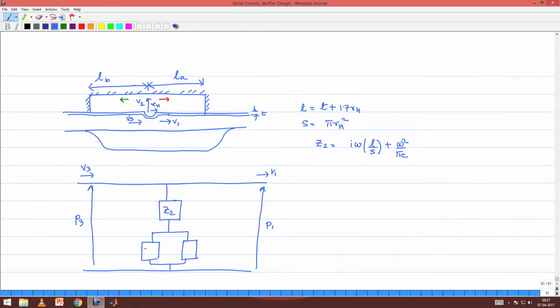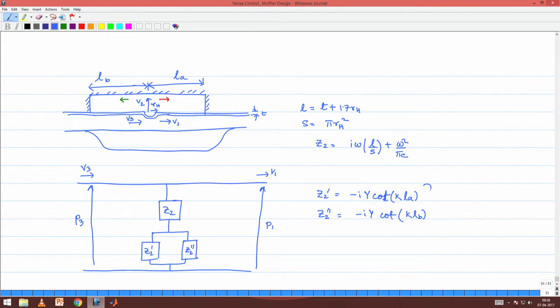I will call them, let us say, Z2 prime and Z2 double prime. So, Z2 prime, associated with, let us say, the path on the right, is going to be minus i y cot k L A, and Z2 double prime is going to be minus i y cot k L B, right.